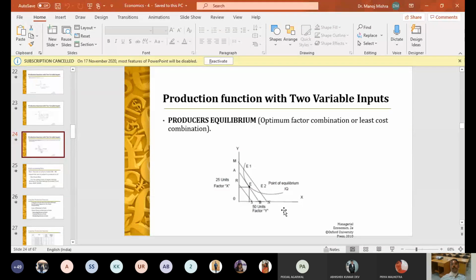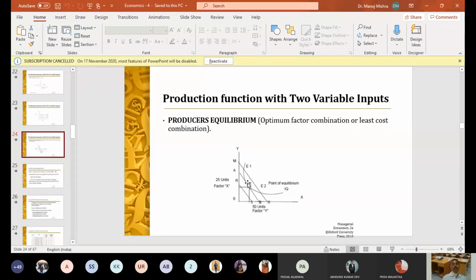Here we look at the producer's equilibrium by combining the graphs. So we have the isoquant map and the isocost map. When we combine it, for a particular quantity of one isoquant, we find the point at which the isocost is tangent to the curve. That cost is obviously the same on all the points.